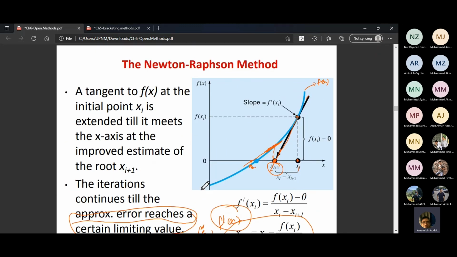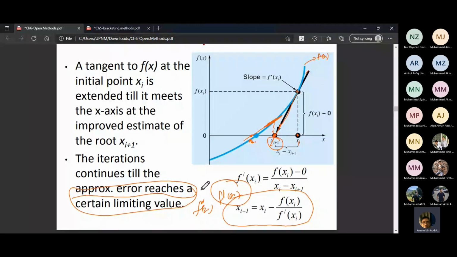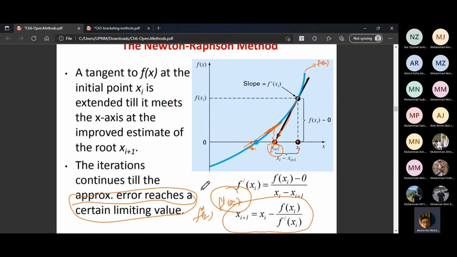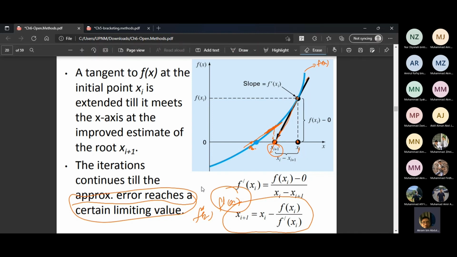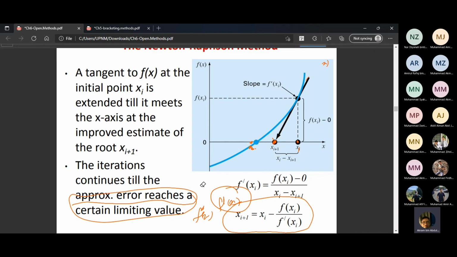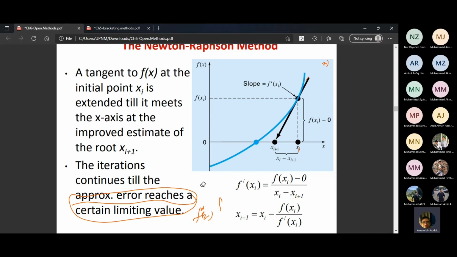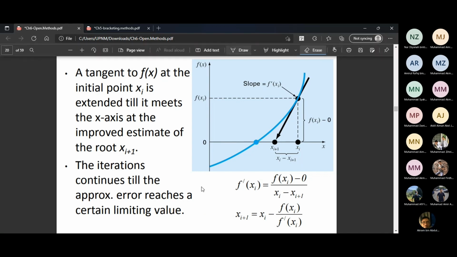Okay. In terms of graphical, macam mana Newton Raphson ni bekerja adalah, bila kita pilih satu initial point x, apa kita buat?